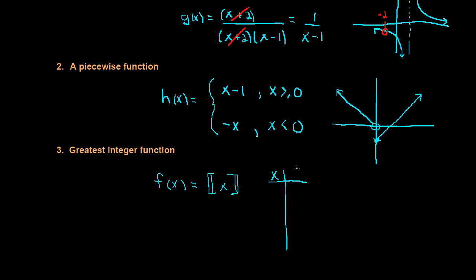If this is x and this is f of x, and you plugged in a positive 1.1. Well, think about it. If you're on a number line, and here's 0, and here's 1, and here's 2, and you're at 1.1. Where's 1.1? 1.1 is right here. As I'm moving across the number line and I get to 1.1, ask yourself, what was the last whole number that you ran into? And it was positive 1.